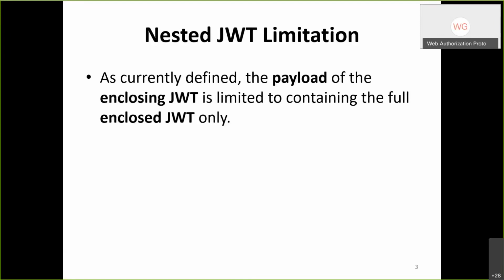That RFC has some limitation, and that limitation is related to the fact that the enclosing JOT, the outer JOT, doesn't have its own claims. It only contains the enclosed JOT.